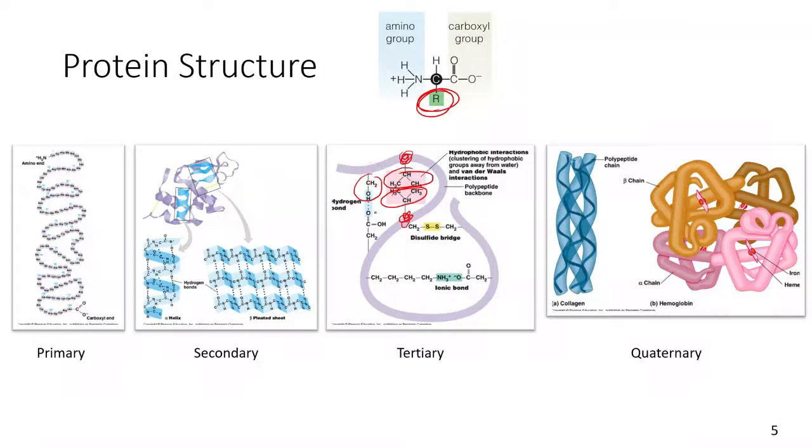R groups like this may want to form some hydrogen bonding between them, or even ionic bonding here. All of this adds up to the complex shapes that we see in the final protein, whether that's this sort of helical, triple-stranded collagen protein, or folded up four protein complexes like hemoglobin that carries oxygen around our blood.